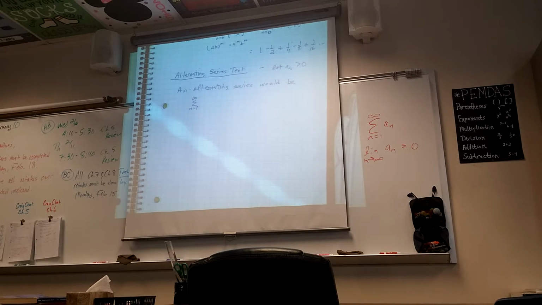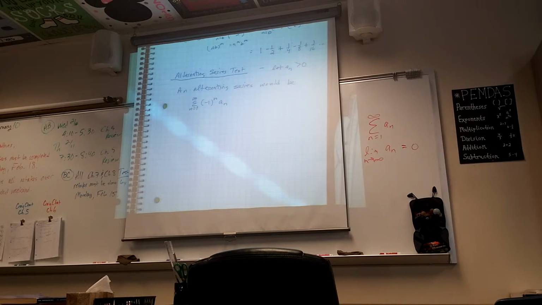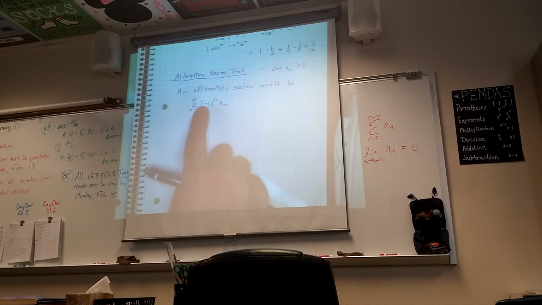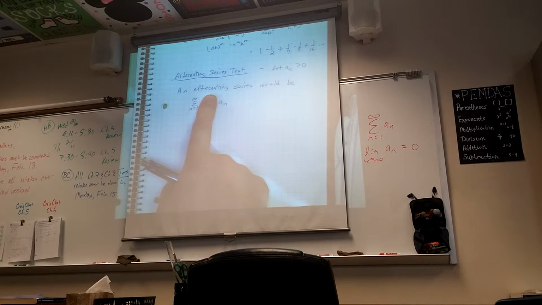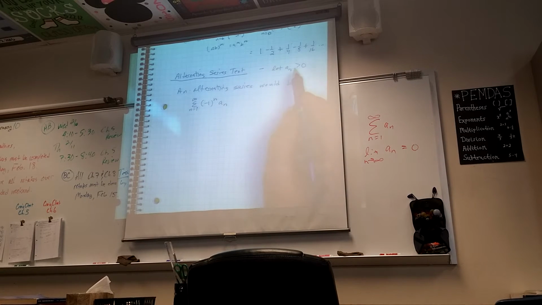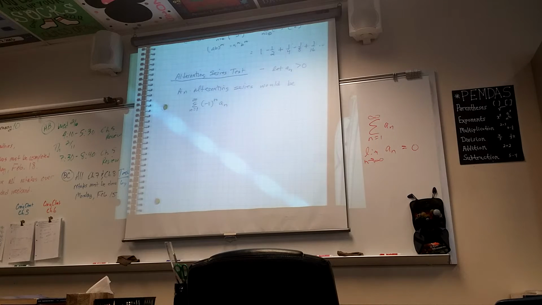I can start wherever I want to. -1 to the nth power times a sub n. Now, the only restriction is that this particular sequence, forget about this part for a minute, that particular sequence all has to have positive terms. That's all. Which is really, you'll see in the examples, it really doesn't make any difference, but it's something that has to be added in.